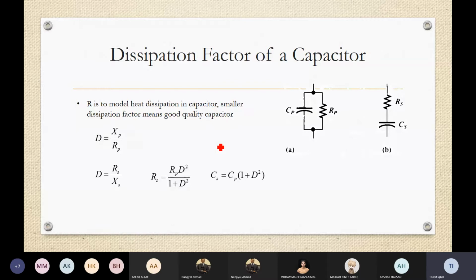In case of parallel, the capacitive reactance divided by the parallel resistance gives us the dissipation factor. And a smaller dissipation factor means that the quality of the capacitor is good. Similarly, for series connected parasitic resistance, the dissipation factor can be calculated as RS, the series resistance, divided by the series reactance.